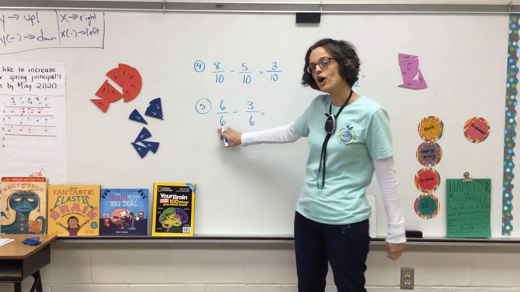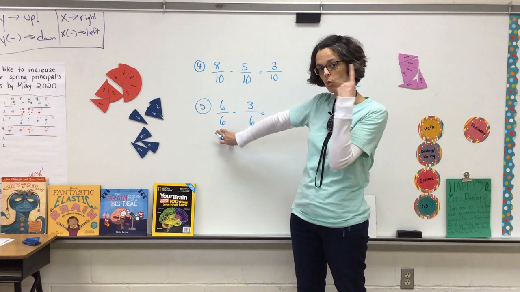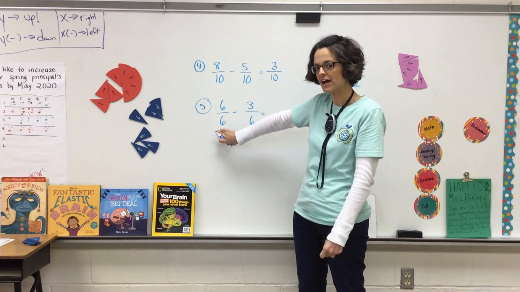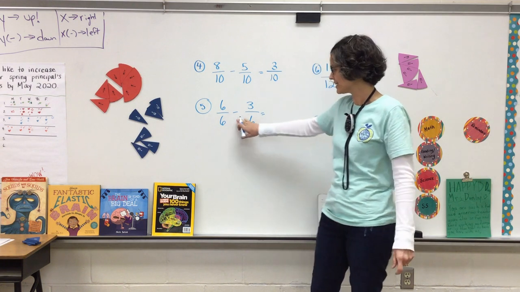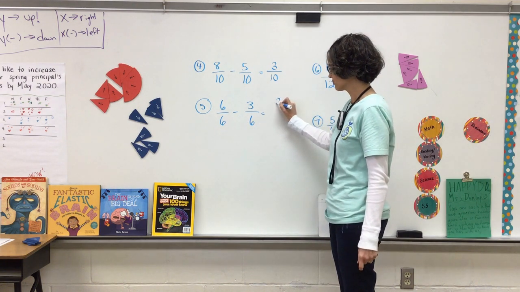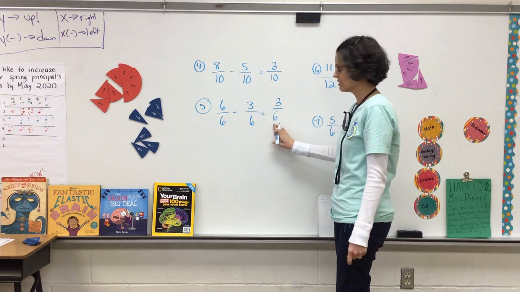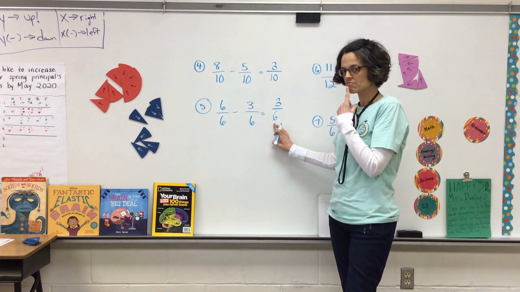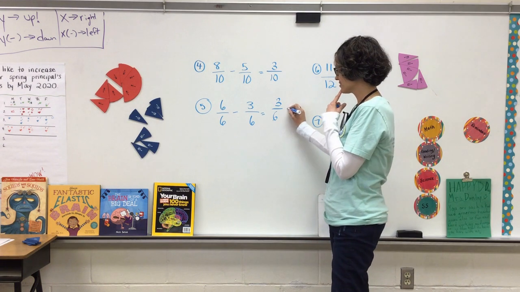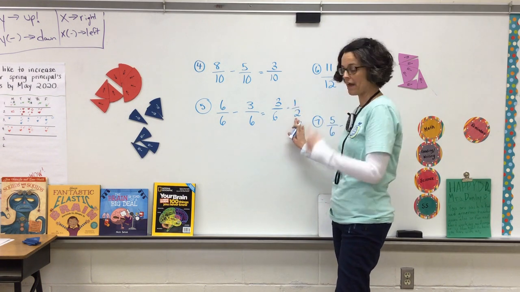I hope you realize that that is equivalent to 1 whole, but we have it written as a fraction, so it makes it easier to subtract. 6/6 minus 3/6 is 3/6. Do you know what 3/6 is equivalent to? It's half. So we can also write it as 1/2.